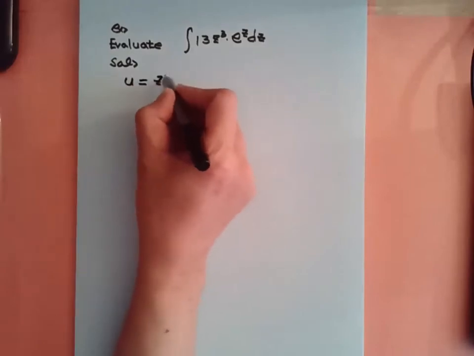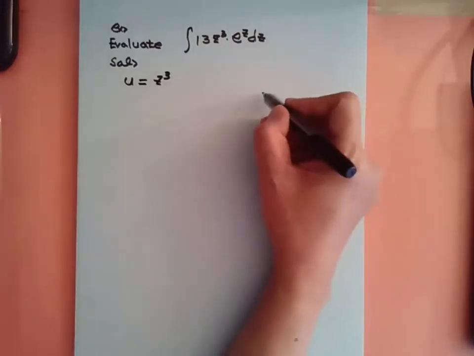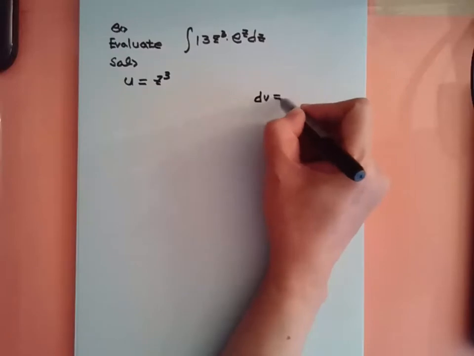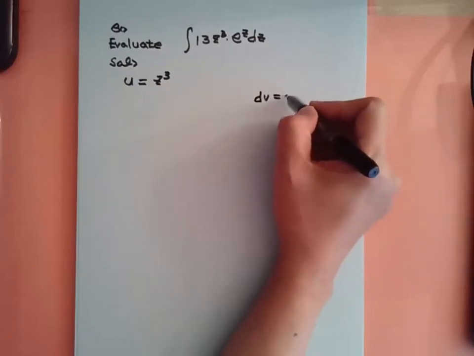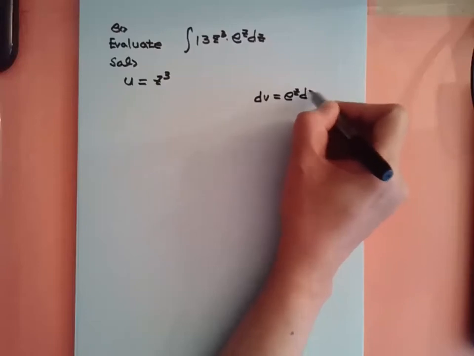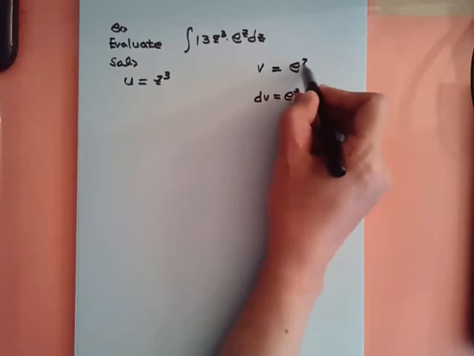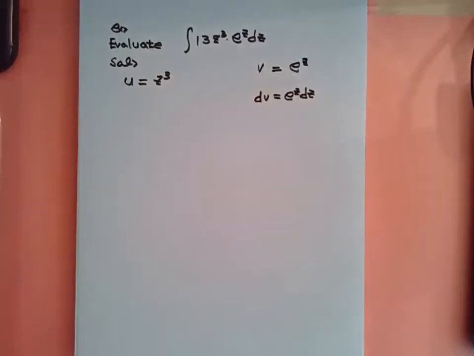So we will put z cubed as u, but when you think about e to the z power, when we integrate, that becomes just e to the z. So it doesn't make things more complicated.